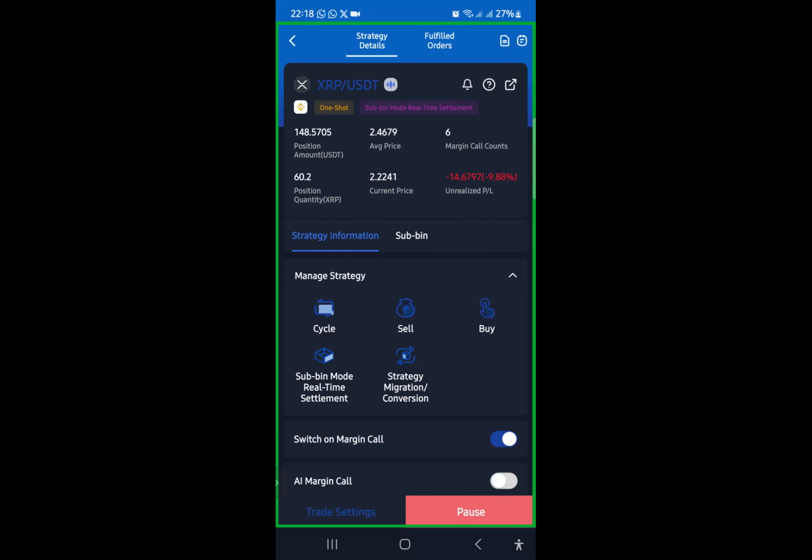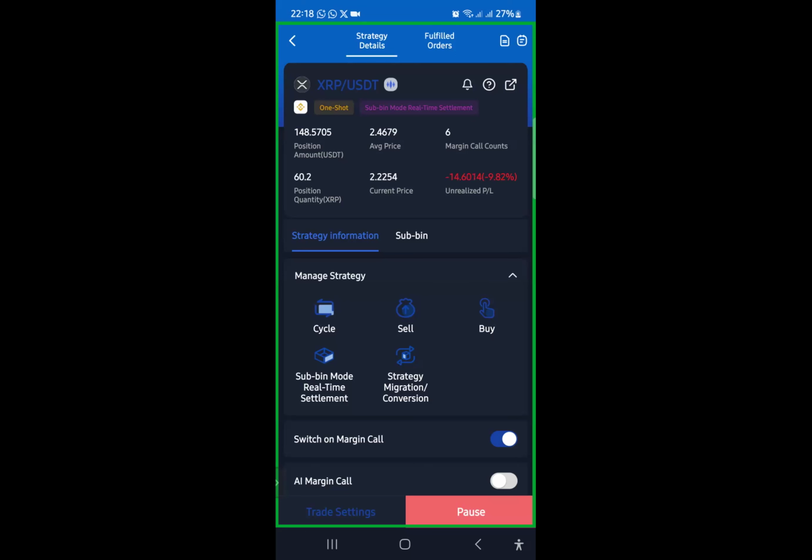The reason why it has depreciated in your Binance is because the asset you are trading, XRP, has dropped in value by negative 9.86%. As we are seeing, it keeps changing. But if the floating loss is reducing, you would see the value increasing in your exchange. Currently 148 is the position amount we have on XRP.